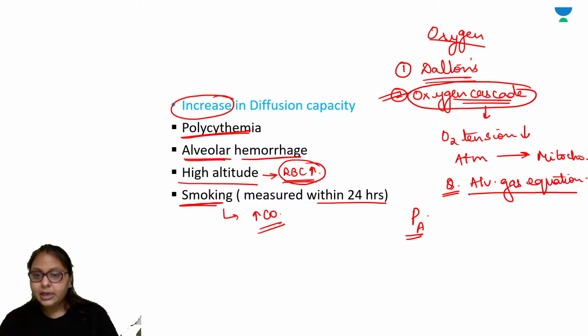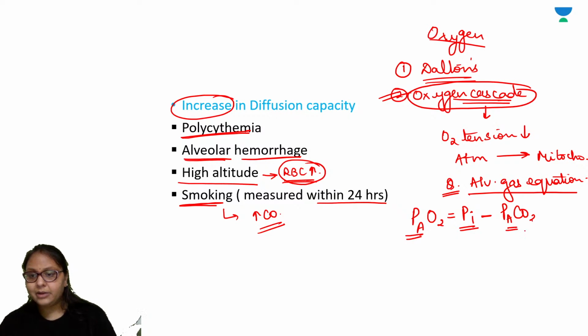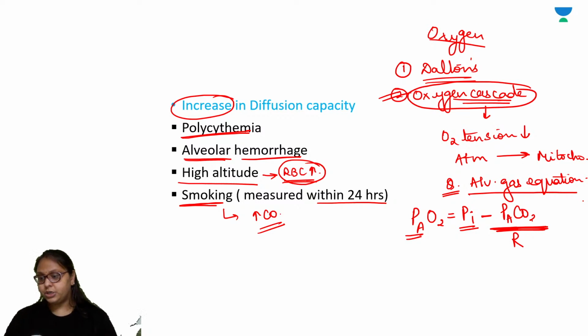At the alveolar level, the partial pressure of oxygen is equal to the partial pressure of oxygen in the inspired air minus the partial pressure of carbon dioxide at the alveolar level upon the respiratory coefficient. And at the alveolar level, CO2 is equal to 40 millimeters of mercury. Please remember this. These questions are asked.